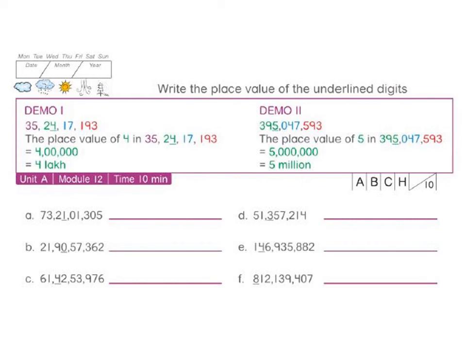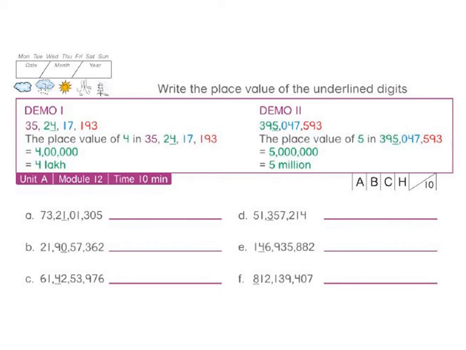In the first demo, the number is given in Indian system. We have to find out the place value of 4 in the number 35 crore 24 lakh 17,193. So the number 4 is in the lakhs place, so it will be 4 lakh.